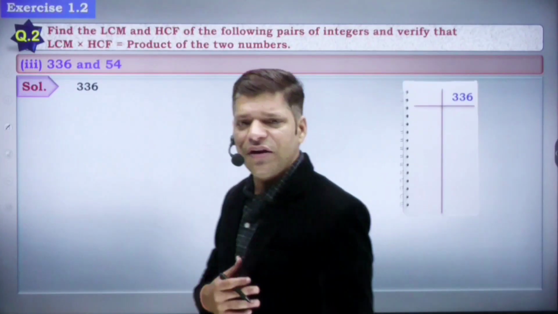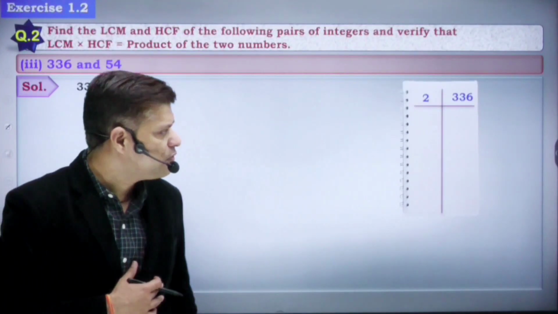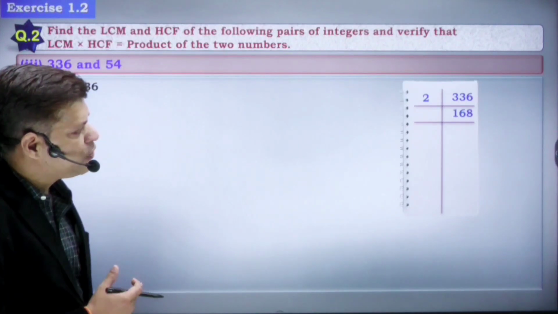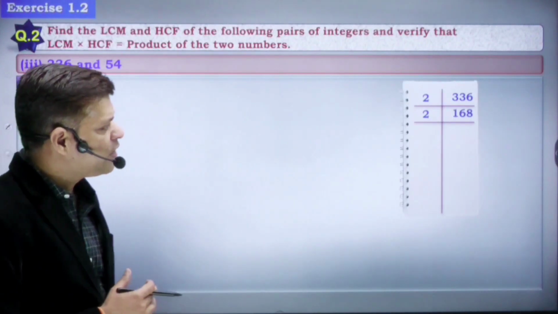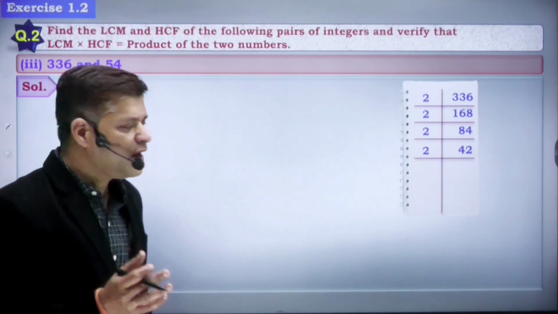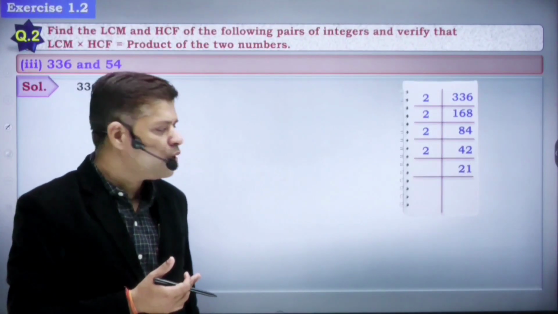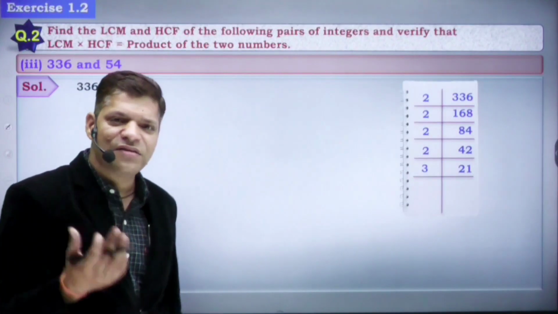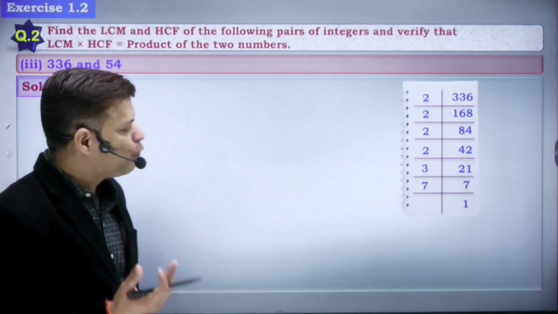So firstly 336. We will do the prime factorization: divided by 2, then 168, then divided by 2, then 84, then divided by 2, then 42, then divided by 2, then it will be 21, then divided by 3, then 7, then it will be 1.